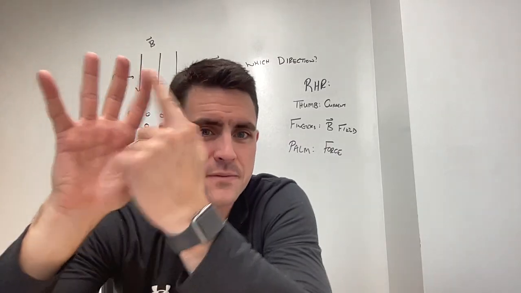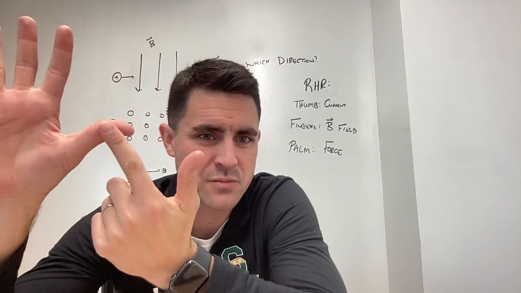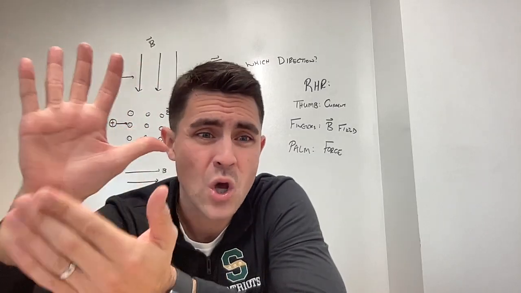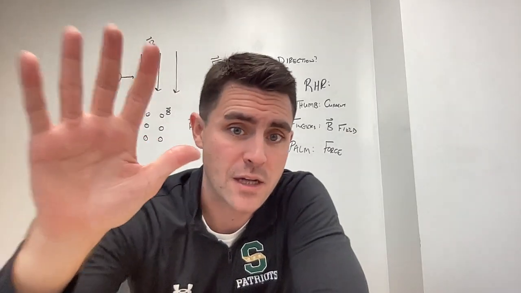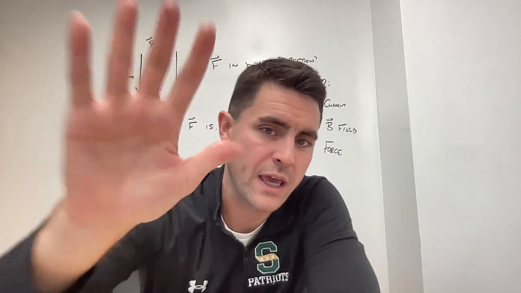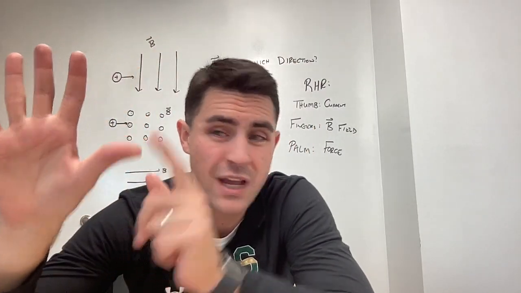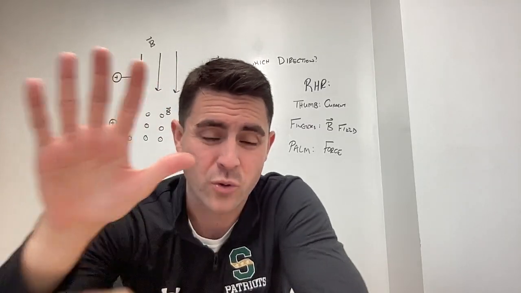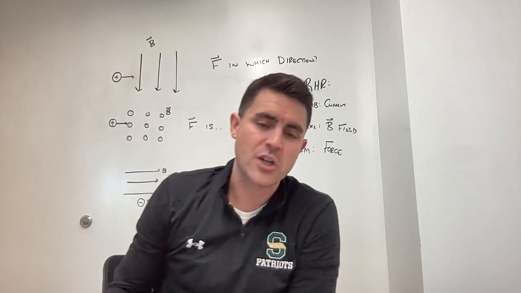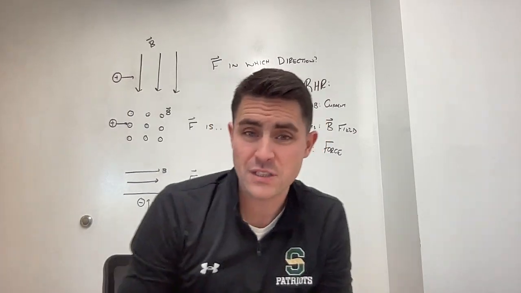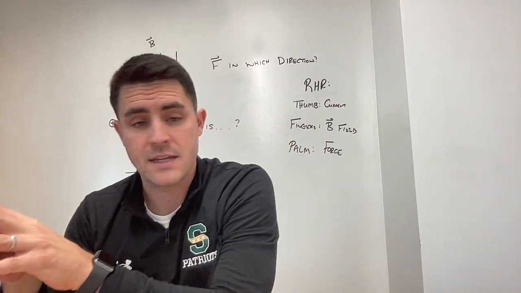Now, these field lines, when they interact with this moving charge, produce a force. Well, on my hand, the thing that produces force, if I want to go push on something, I use the palm of my hands. The palm is force. I've got charge, I've got B field, and I've got force. My open hand is the right hand, and it will tell me the direction a charge experiences a force in when it enters a magnetic field.